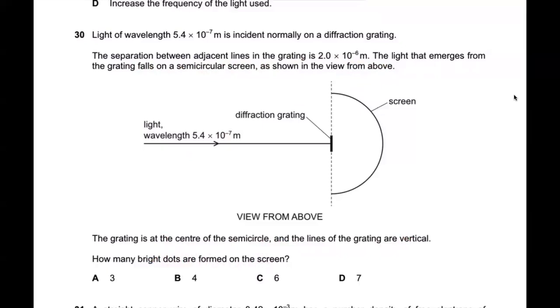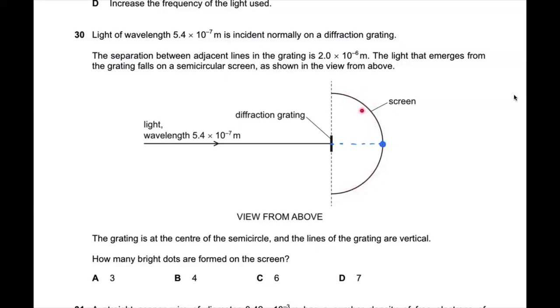Now, one thing you can remember, and this is again going to decrease the probability of you making mistakes, is that there is always going to be a central maximum, and then there are going to be some here, and then some here. So this and this, it's basically 2 times either of these, right?